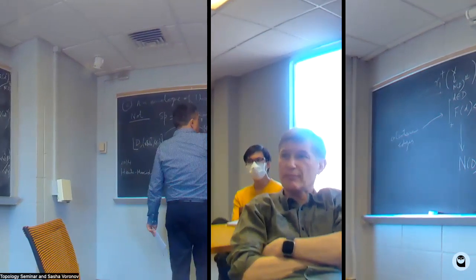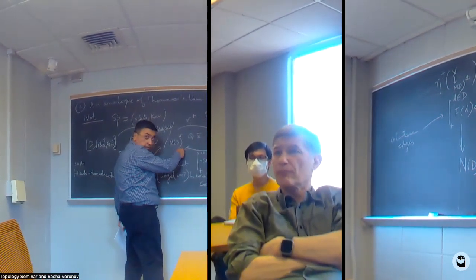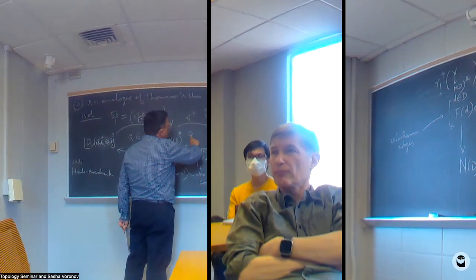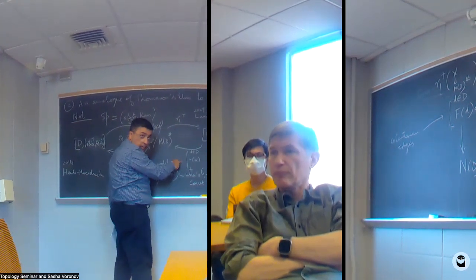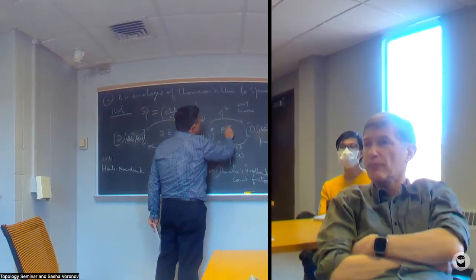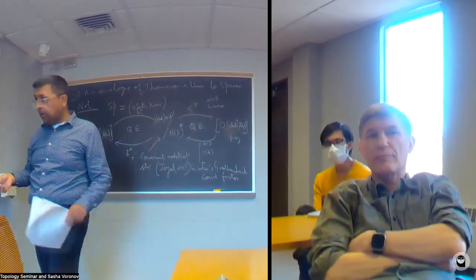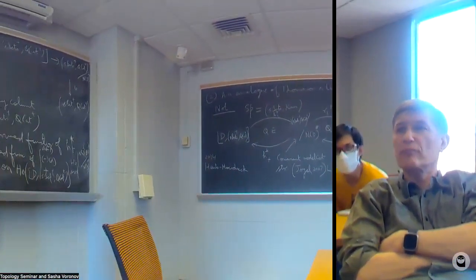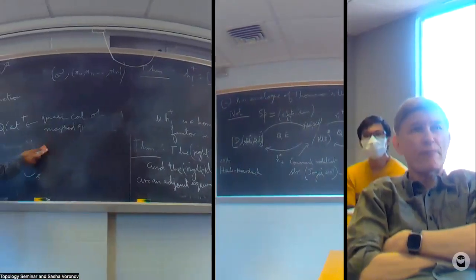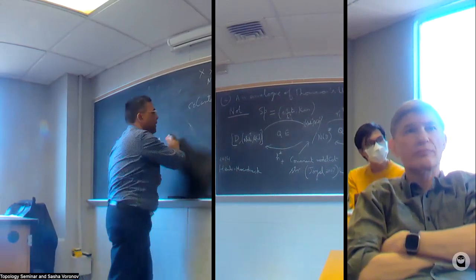Now, this means this is an equivalence on the homotopy categories. We know that these are equivalent pairs. Show that these are equivalent pairs, right? Yeah, so that's a corollary to this result. Let me write down the corollary to this.